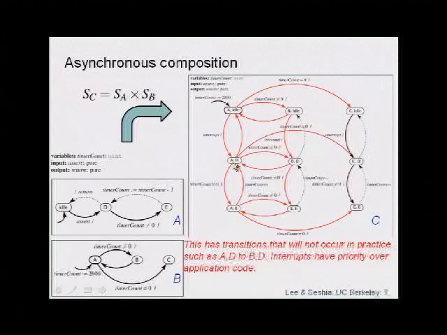What you'll see is that you have transitions like this. Here, for instance, the main function is at location A and the ISR is at location D, where the ISR is active. It means that the ISR is not idle, it's active, it's at location D. But we're assuming that the main function can make a transition. So the transition going from AD to BD up there is labeled timer count not equal to 0, which is the condition in the main function.